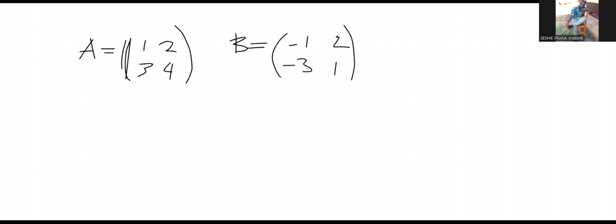Find P and Q if AB is equal to B minus 2.